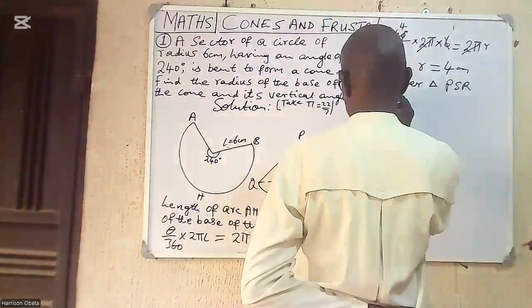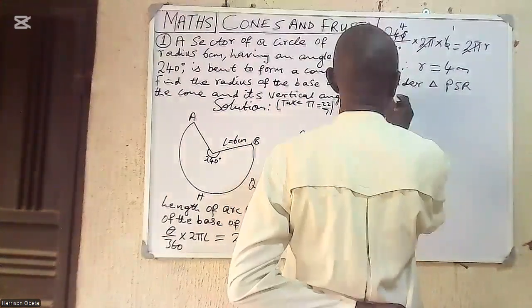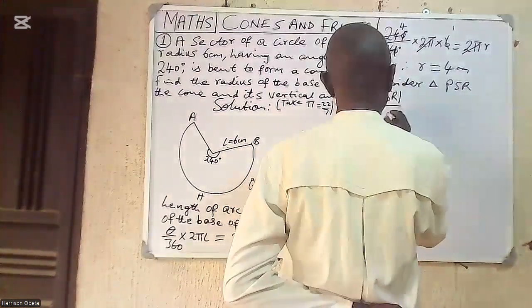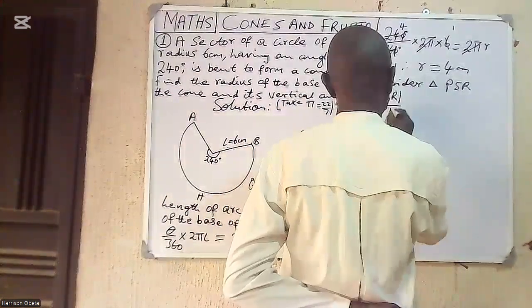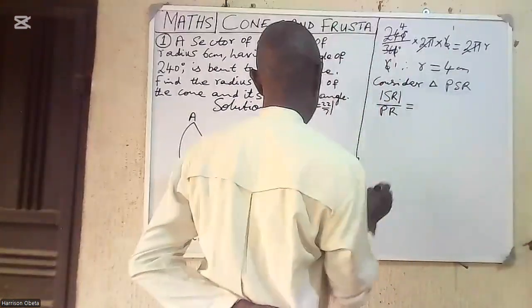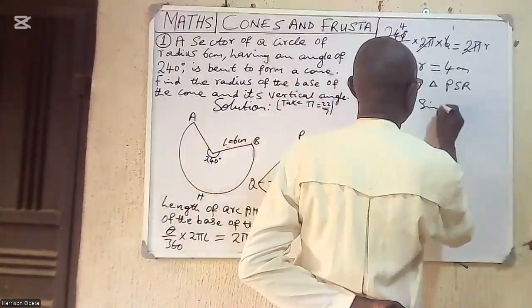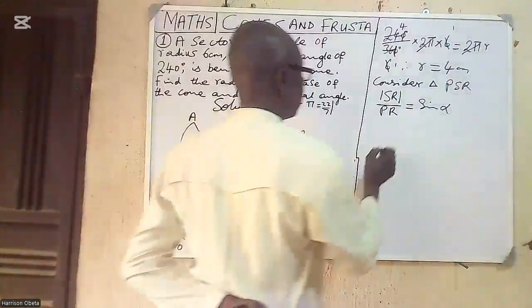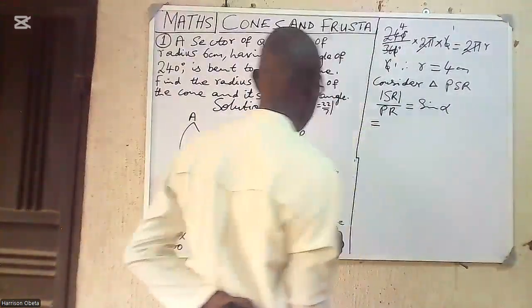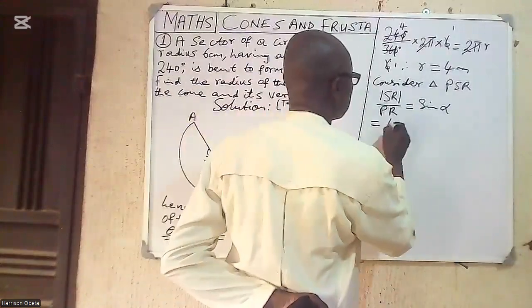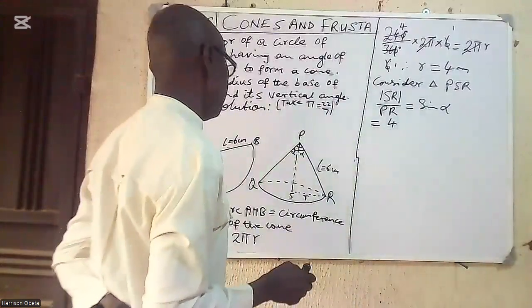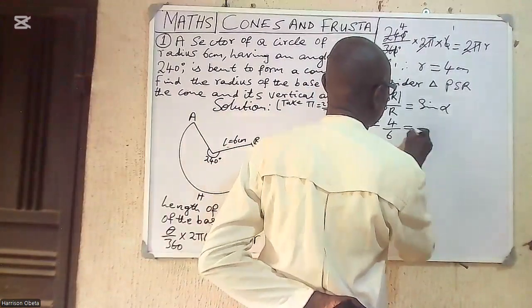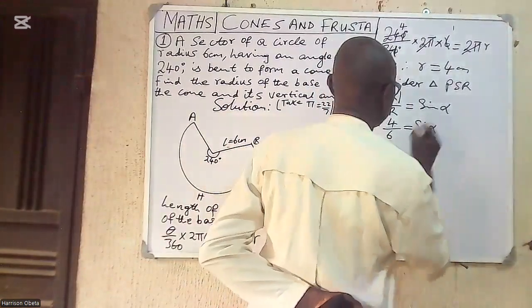So we have SR all over PR is equal to sine alpha. SR is 4, and PR is 6, so 4 over 6 equals sine alpha.